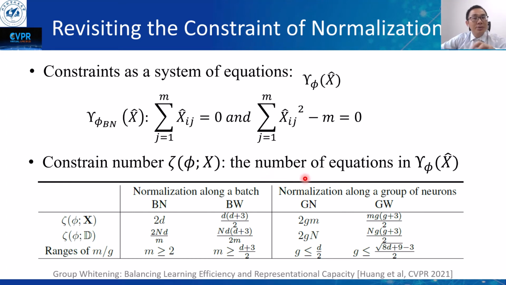This table shows the constraint number for different normalization methods, given a mini-batch input or a dataset with mini-batch optimization algorithms. From this table, it can be seen that the constraints get stronger for batch normalization with reduced batch size, while constraints get stronger for group normalization with increased group number.